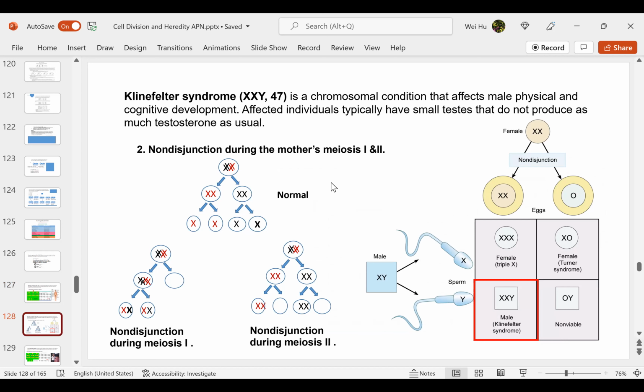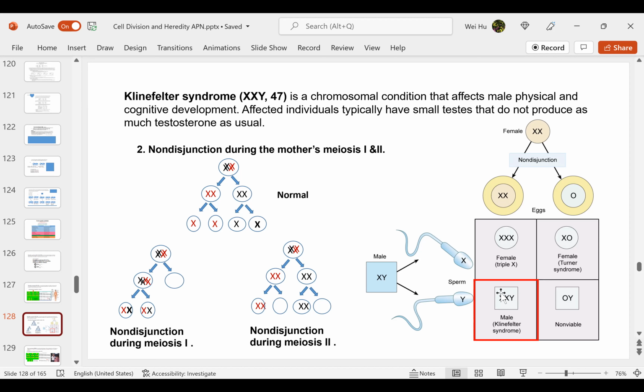This is the egg from the mother. When they do meiosis 1, you get 2 X's going to one germ cell. Then they divide again, so one egg has double X. If this egg is fertilized by a normal Y sperm, you get the XXY man.